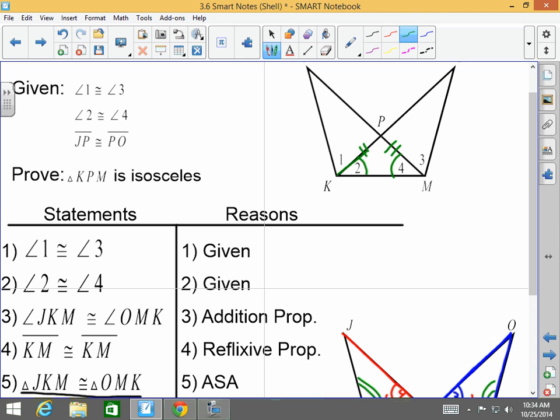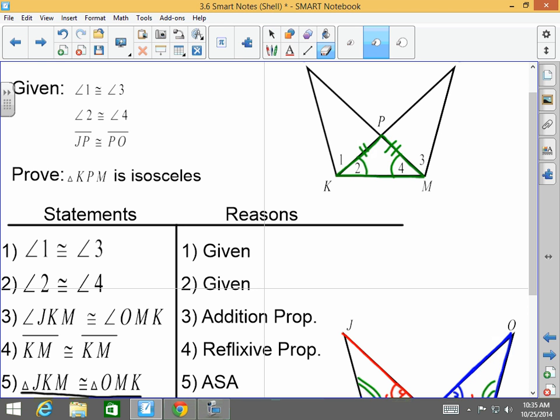So by definition, KPM is isosceles. So why did I go through this long proof? Because they're not always going to give you the information nice and easy, and I wanted to make sure that you can deduce from the given information how to prove that PKM is isosceles.